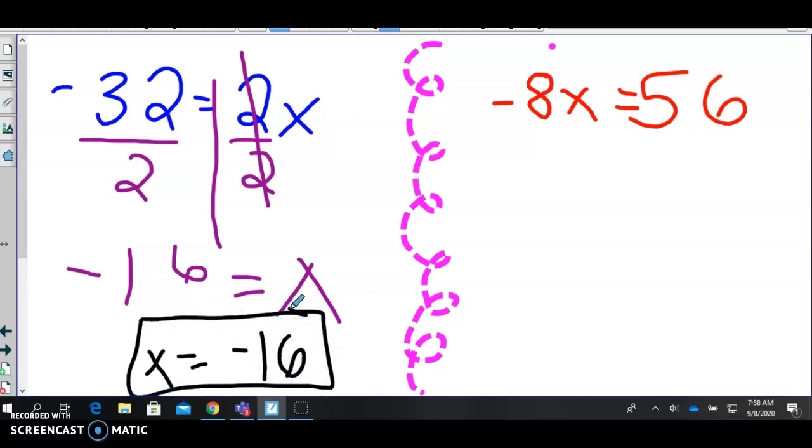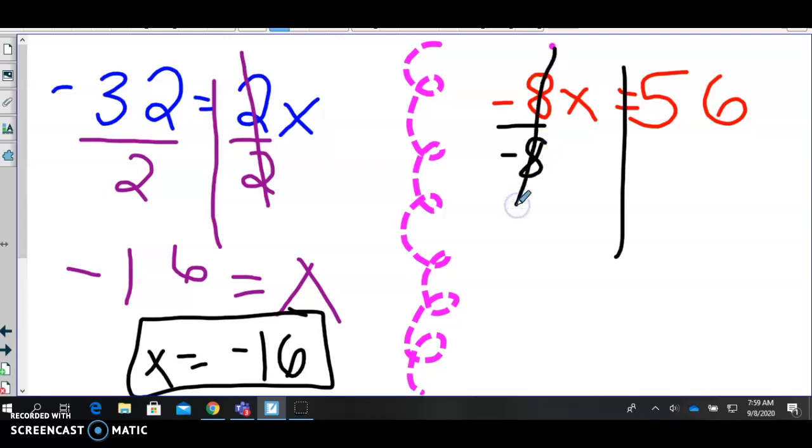All right, last one. I have to solve for x, solve for my variable. I'm going to draw a line down the middle. I see that my x is over here on the left, and -8 is attached to it. It is being multiplied. To undo multiplication, I need to divide by -8.